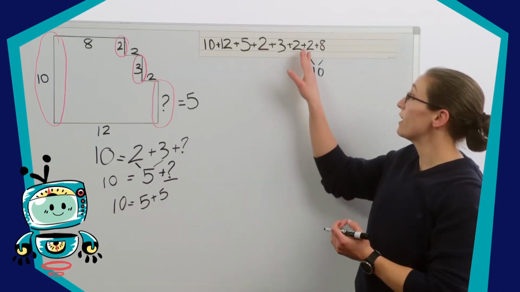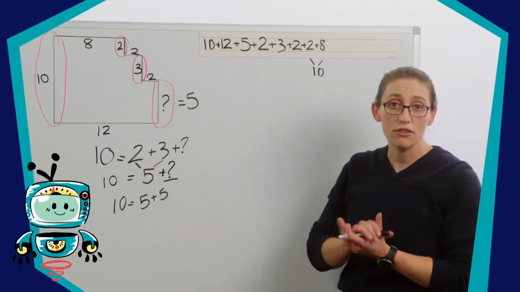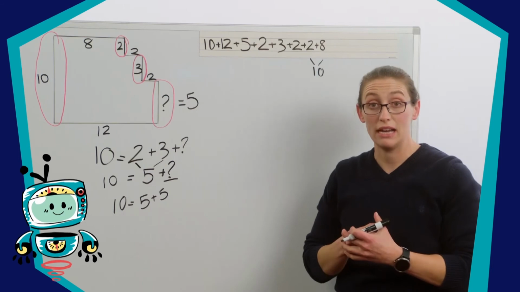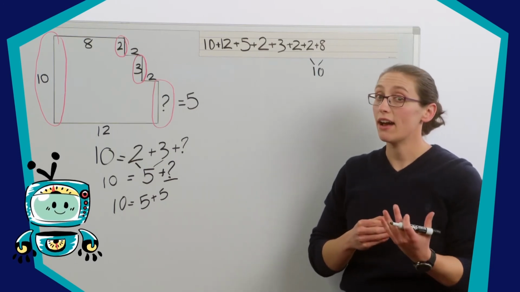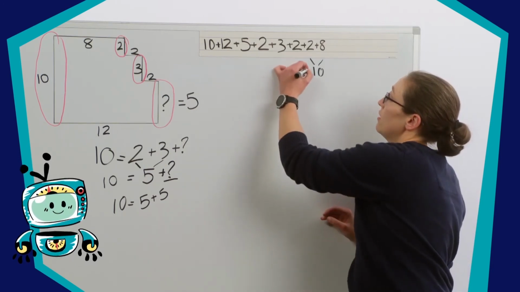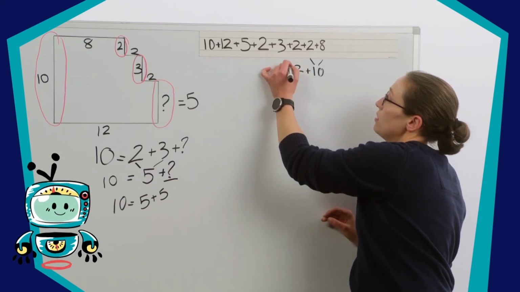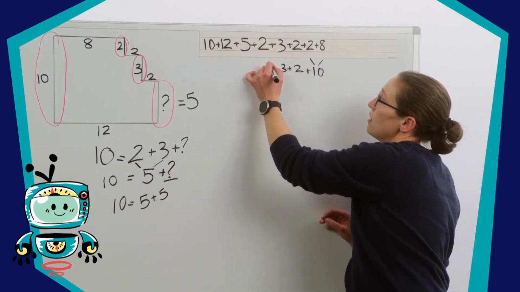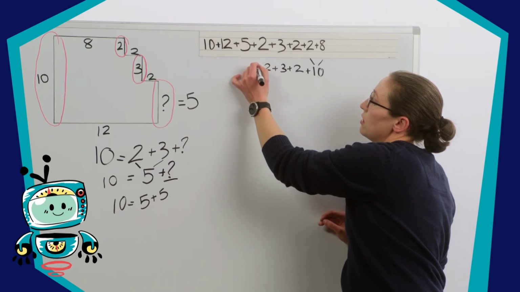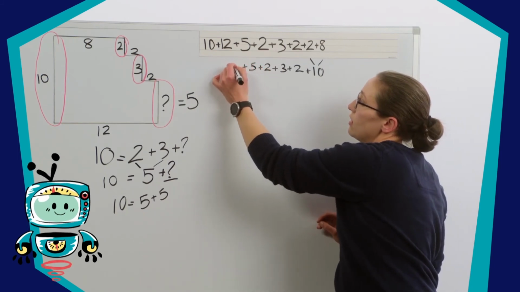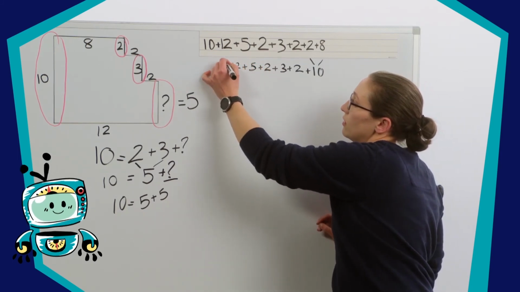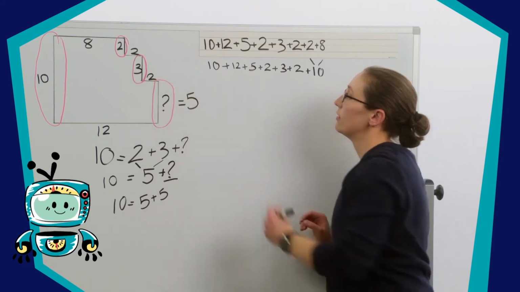Now I'm going to bring down all of these other dimensions that I haven't combined yet, so that way I have a new number sentence. 2 plus 3 plus 2 plus 5 plus 12 plus 10.